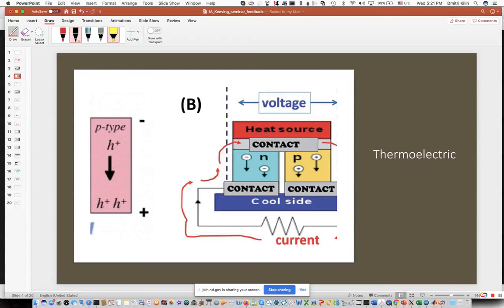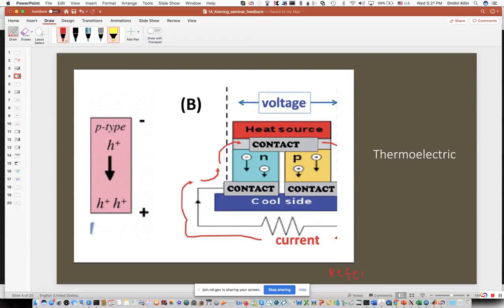So in this picture, right here, we have a hot side and a cold side. The electrons on the hot end are absorbing the kinetic energy from the hot end, and that causes them to diffuse to the cold end.